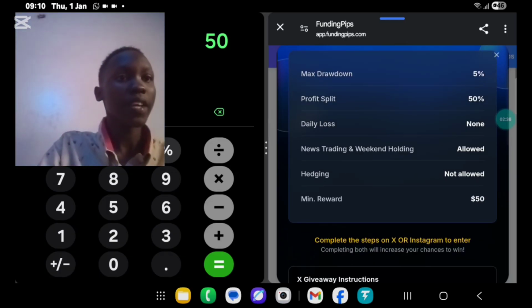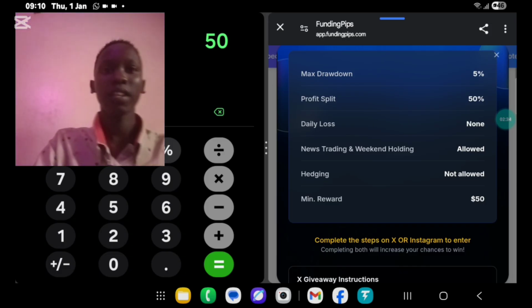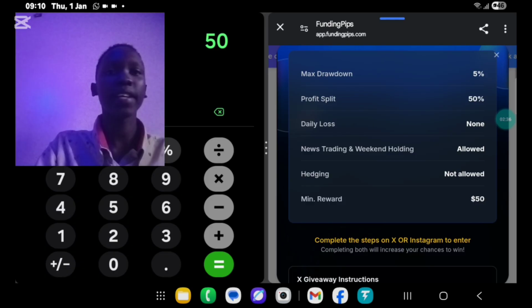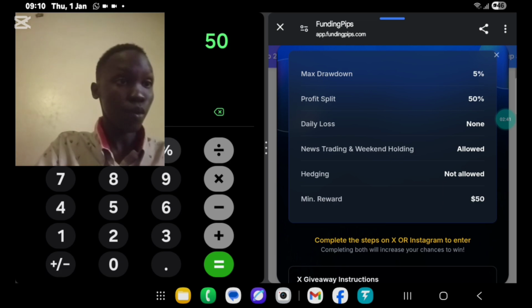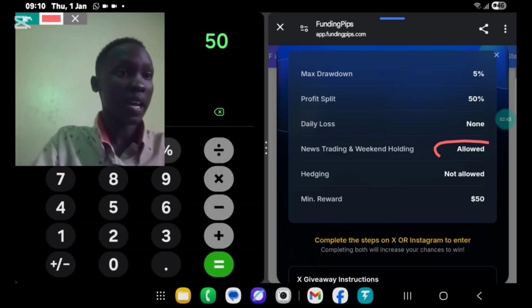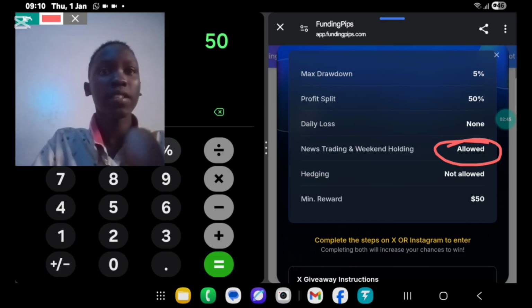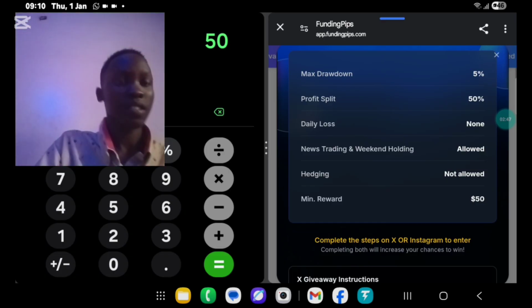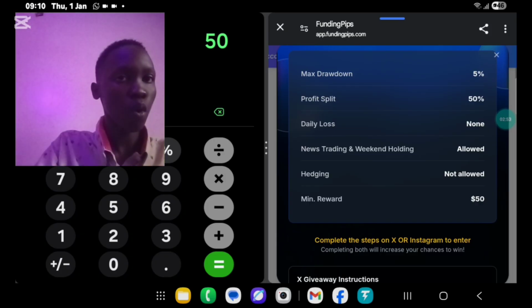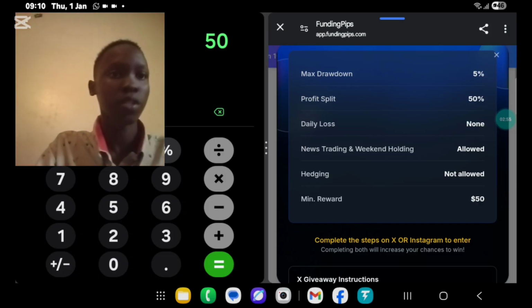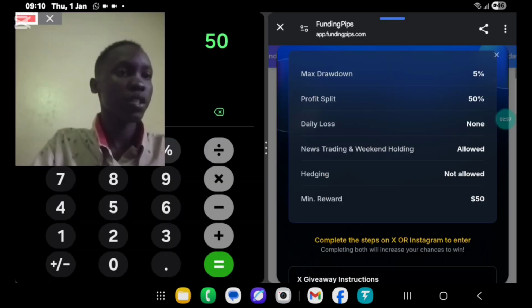Then news trading. If you're a news trader like me, I like the NFP, CPI, PPI, all those stuff. If you like them, you are allowed. You can just enter in news, but always remember you enter 2 minutes before news or 2 minutes plus before news. So let's go to this one.